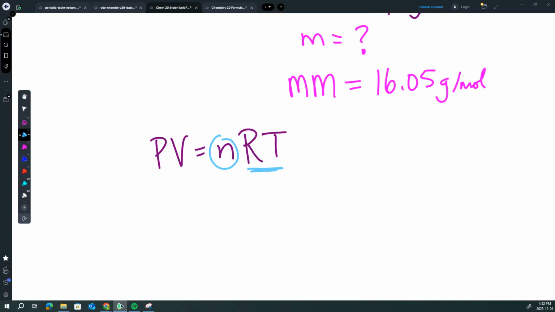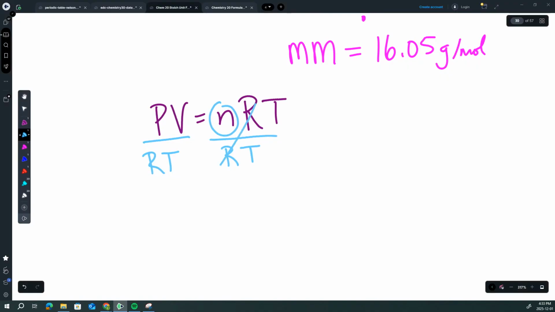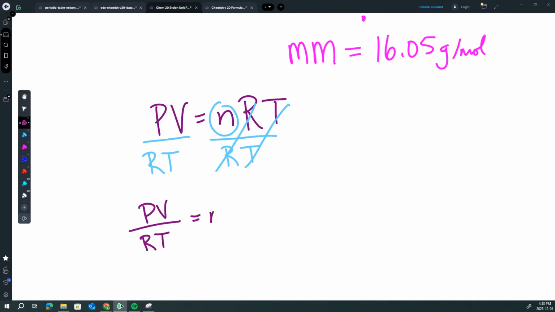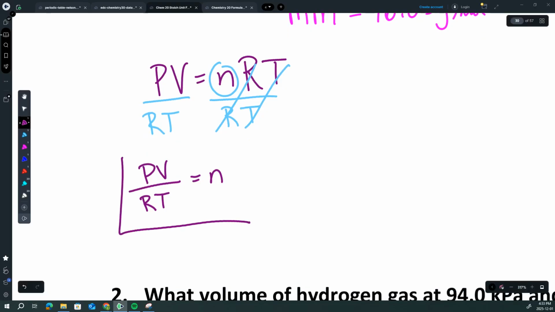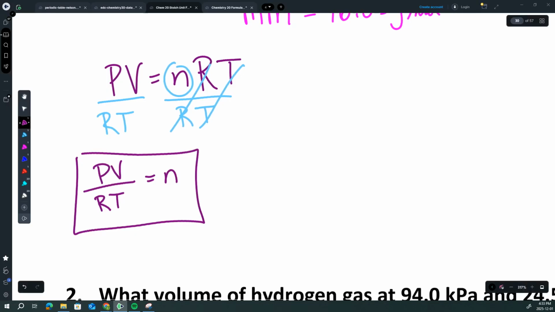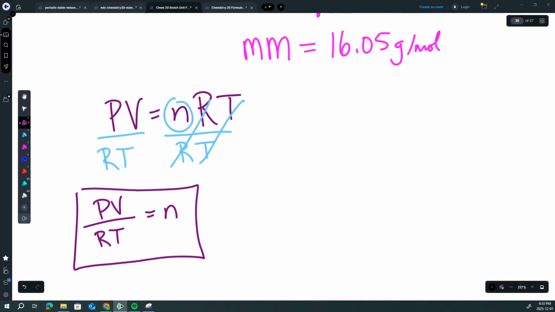These two are multiplying moles. The opposite of multiplying is dividing. So I'm going to divide by both R and T. These cancel out. So we get PV divided by RT is equal to n. That's going to be the formula that we use for step number 2.